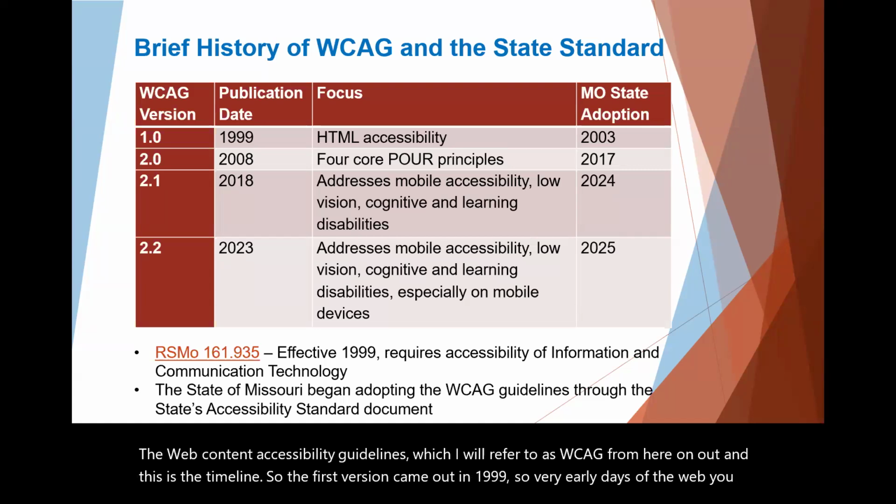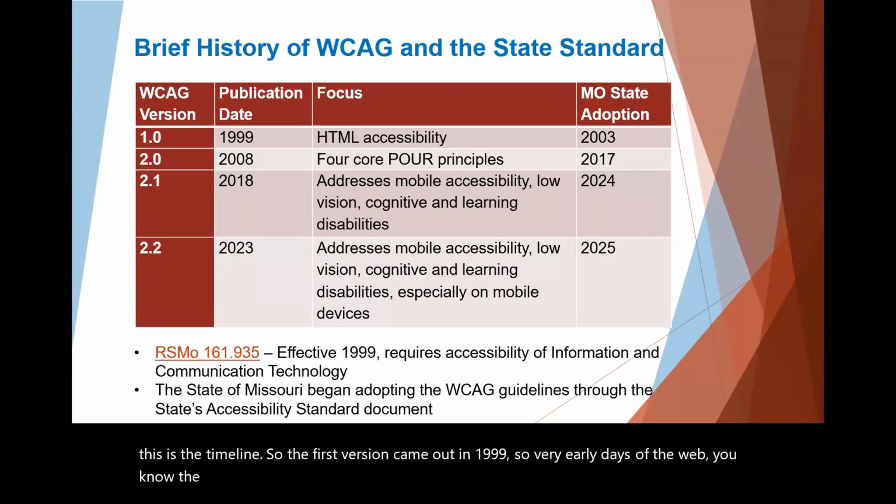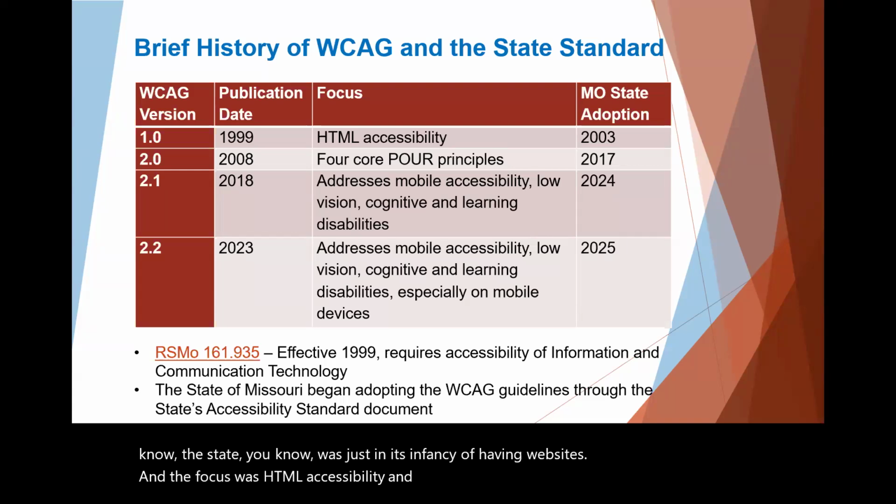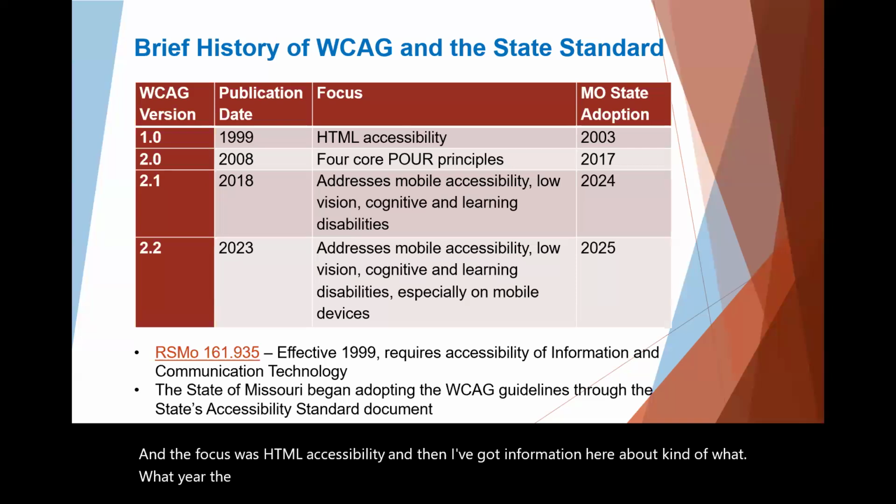The state was just in its infancy of having websites, and the focus was HTML accessibility. I've got information here about what year the state adopted a particular standard. The state adopted it in 2003 when we created what we called an accessibility standard document.